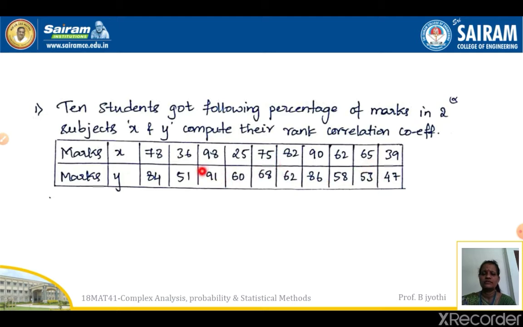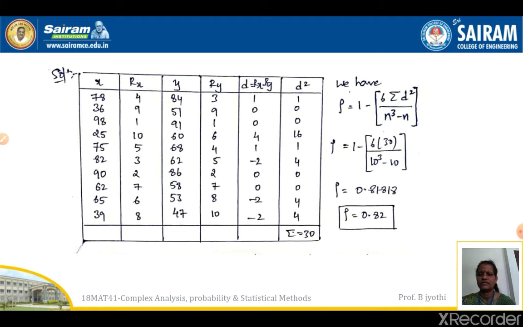The rank given for 98 is 1, because that is the topmost rank. The next rank is given for 90, and the next to that is given for 82, and so on. So these are all the ranks given for the marks obtained in the first subject.